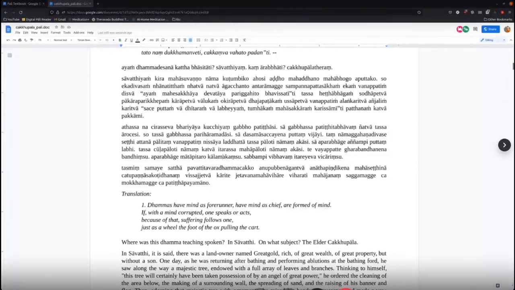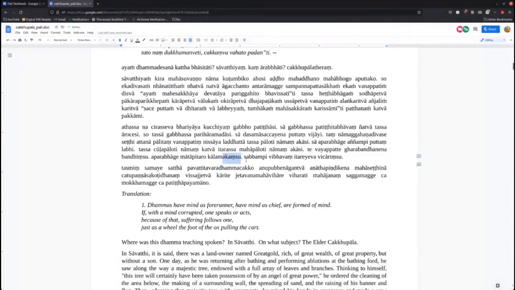What does that mean? What is the word? This is from the root kar, which is in regards to doing or making. Kala means time. Aparabhage means, apara means another.